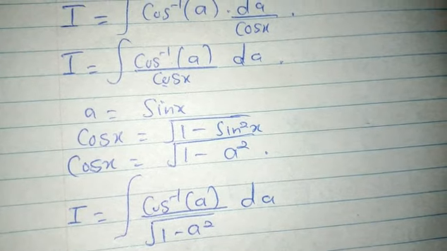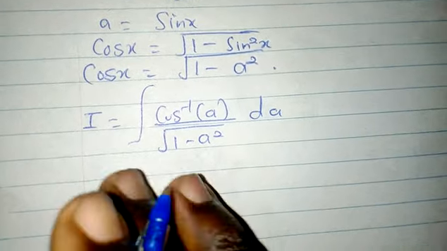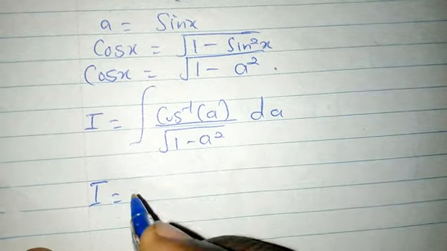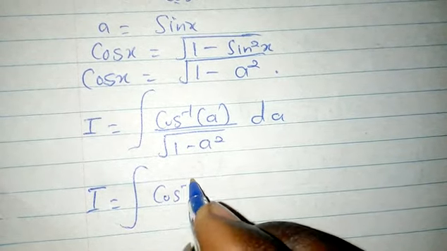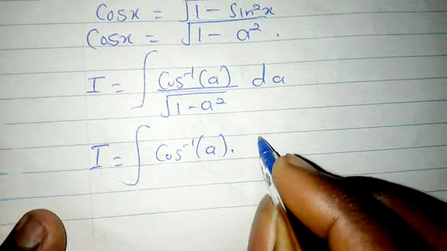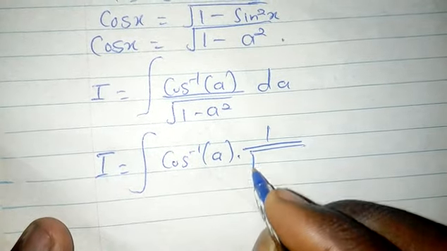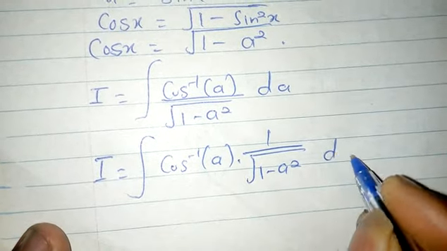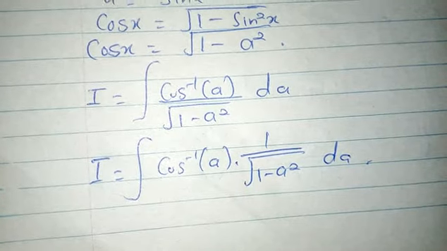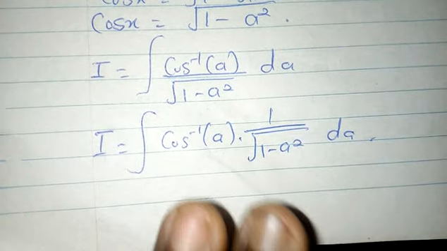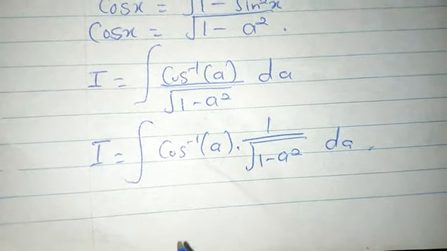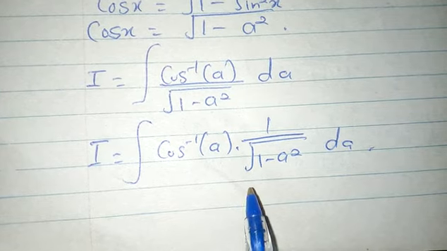Okay, let's continue. So our I is now equal to the integral of cos inverse of a times 1 over root of 1 minus a squared da. So now we have gotten two separate interesting functions that we can deal with.